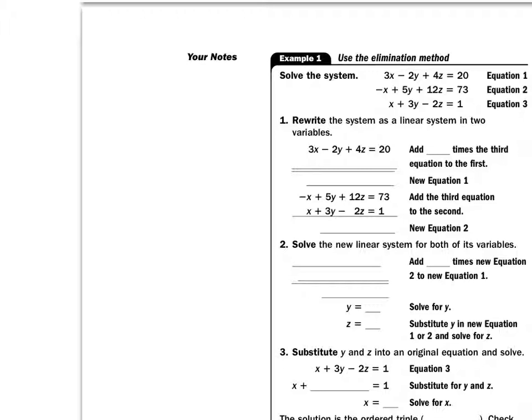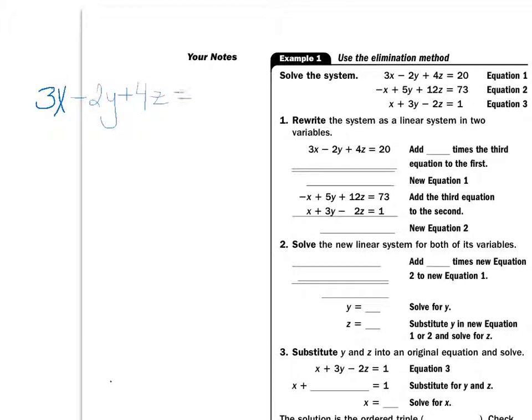Let me choose equation 1. 3x minus 2y plus 4z equals 20. And then I'm going to choose equation 3. But when I write down equation 3, do you see if I take this and multiply by negative 3, I can eliminate the x?